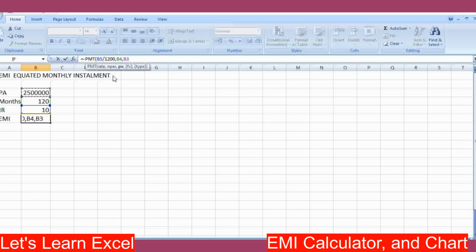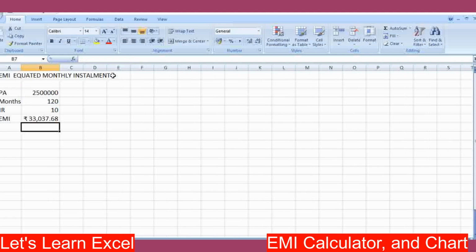And now close the bracket. You will find 33,037 rupees 68 paisa. This will be the EMI we have to pay every month till 120 months, so that this loan can be neutralized.